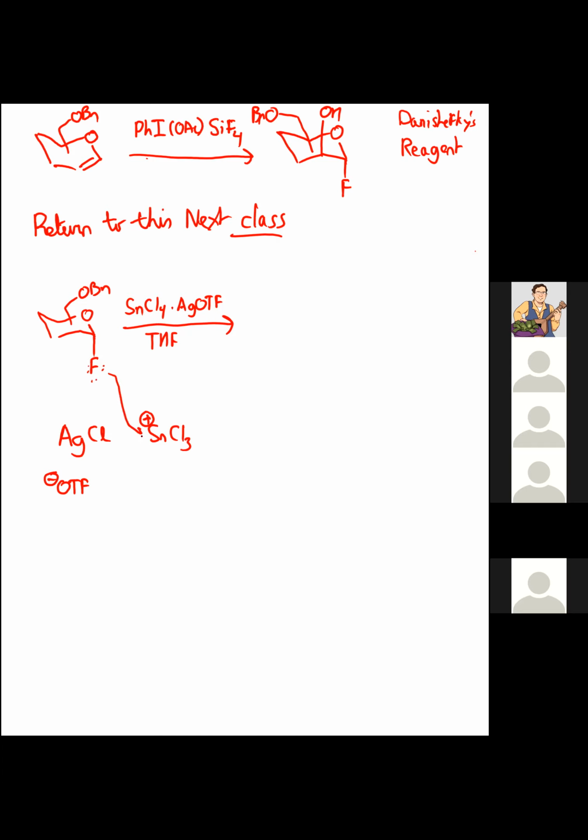Is the fluorine combined to the tin? That fluorine is technically positive. Can't allow that to last. So we're going to go full oxocarbenium on that.